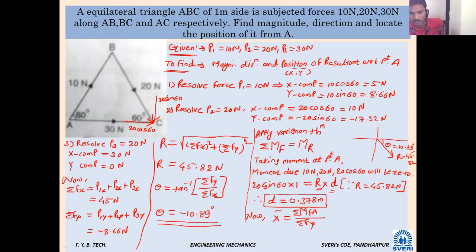And the first column is the summation of moments due to all the forces. Only one force remains in this case, which is 20 sin 60, multiplied by 1, that perpendicular distance. And the summation Fy is minus 8.66. What is 20 sin 60? It should be 17.32.